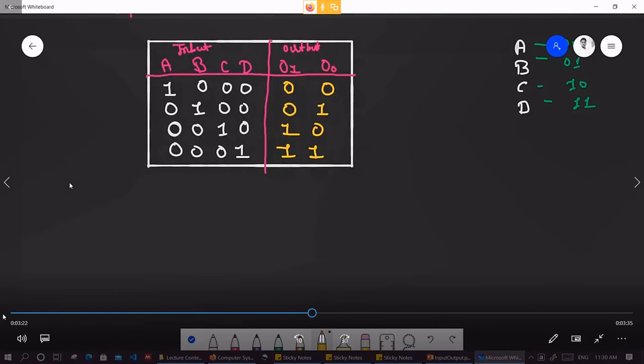Circuit design is very simple. And how is it simple? There is one interesting thing, that we design a circuit where the function value is 1.